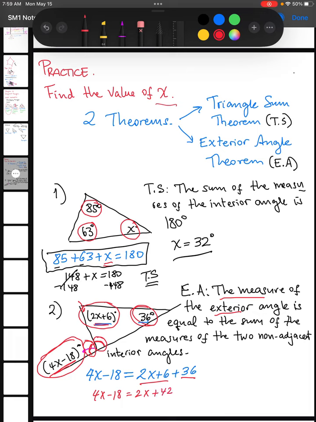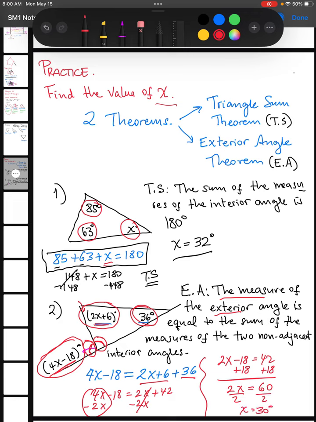Then I'm going to eliminate one of the variables. So we have 2x minus 18 equals 42. Then we add 18 to both sides. So we have 2x equals 60, and we end up dividing by 2, so x equals 30.